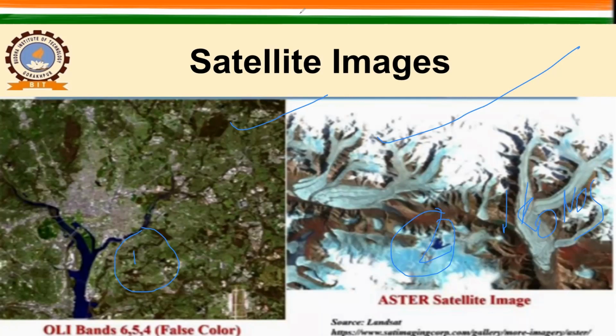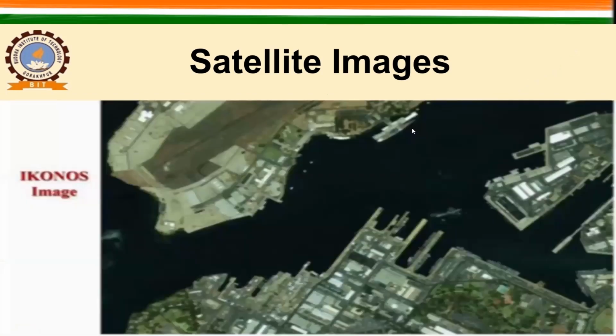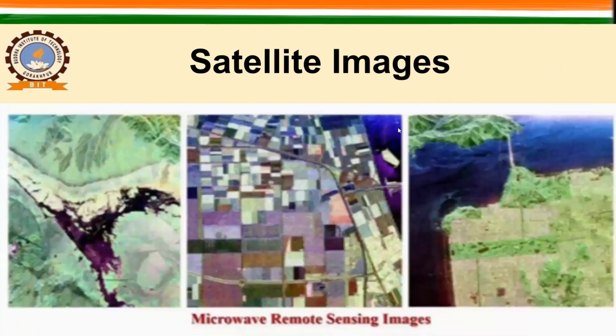Then we have one example of an IKONOS image. This is also a satellite image. There is one more example. This is an example of microwave. The microwave remote sensing information comes to us through the backscattered energy.